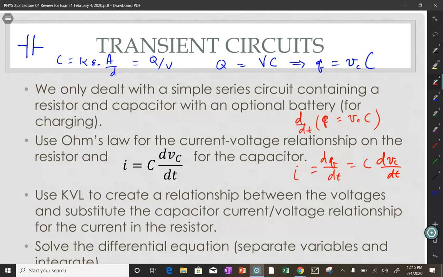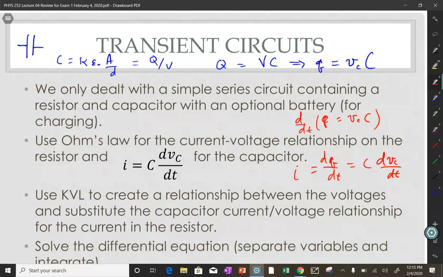That means you have a slope that's finite. It could be from here to here, but it can't be vertical. Translation, no discontinuous jumps in voltage. You'd have to have an infinite slope for the voltage to jump from like 0 volts to 5 volts. So that can't happen on a capacitor.